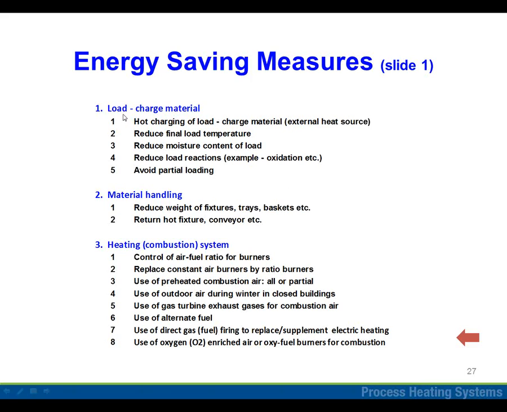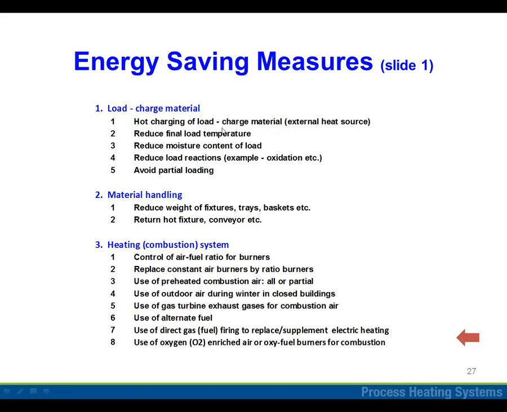So we start with the big ones, whether it's an electric arc furnace or a reheat furnace. Number one is the hot charging of the load.